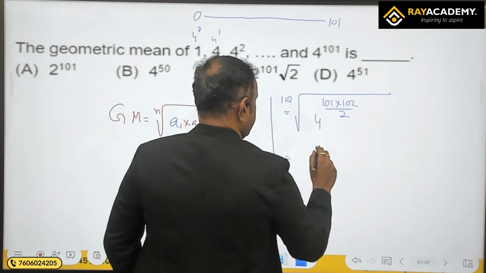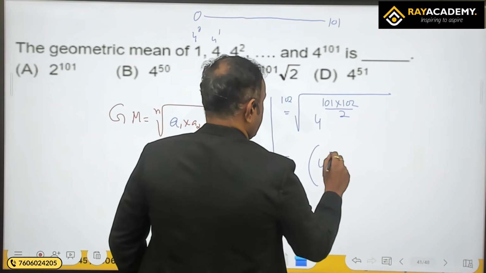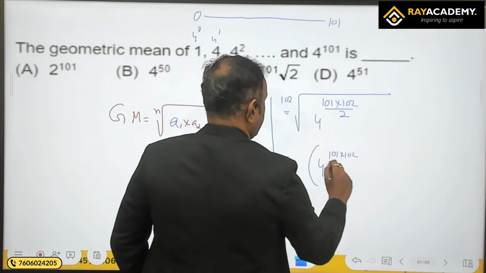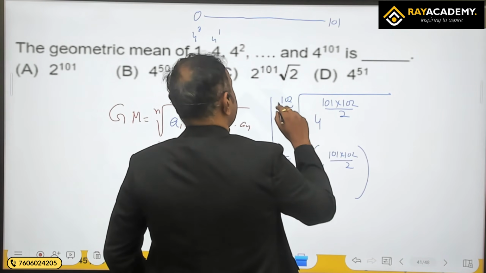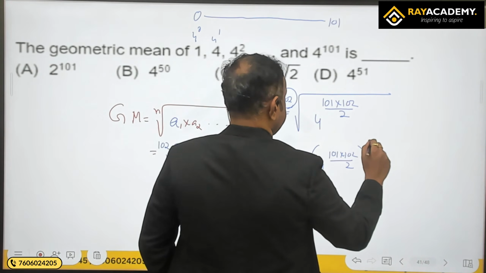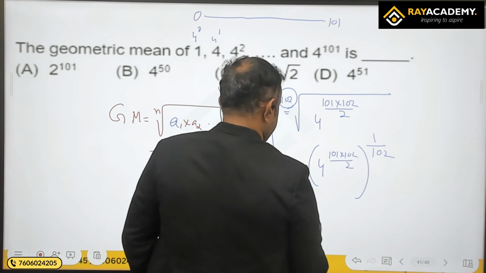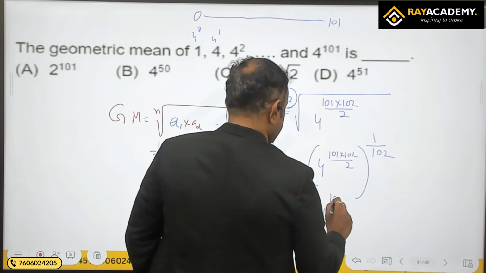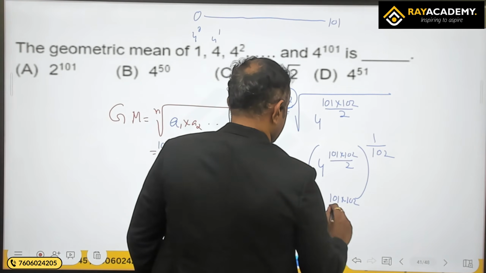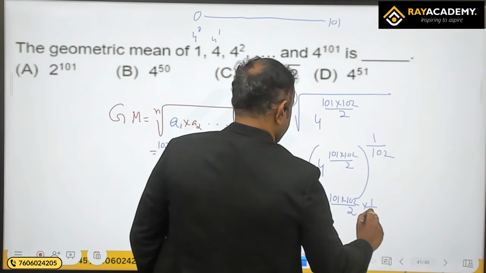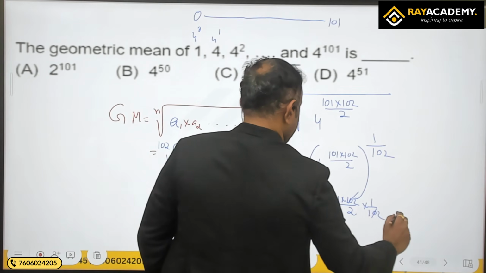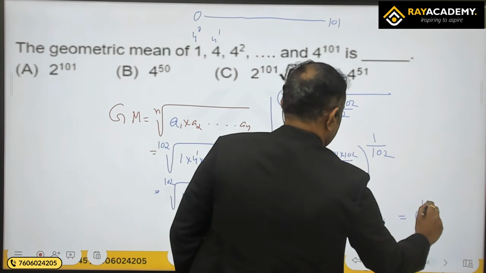So this will be 4 to the power 101 into 102 by 2, and the 102nd root means power 1 by 102. The 102 gets cancelled, so this is 4 to the power 101 by 2.